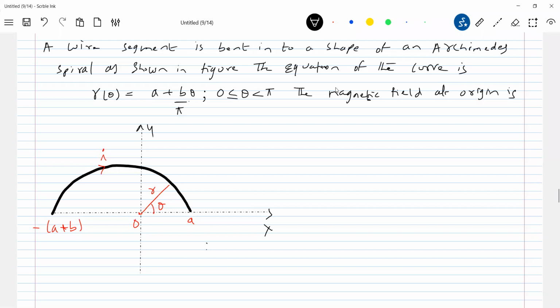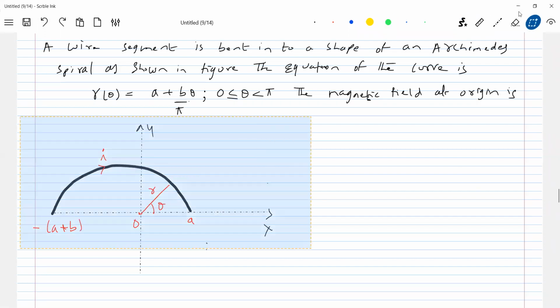Again, take care about that current element in the Biot-Savart law. So here, let me take a small current element. Let me first have this diagram.